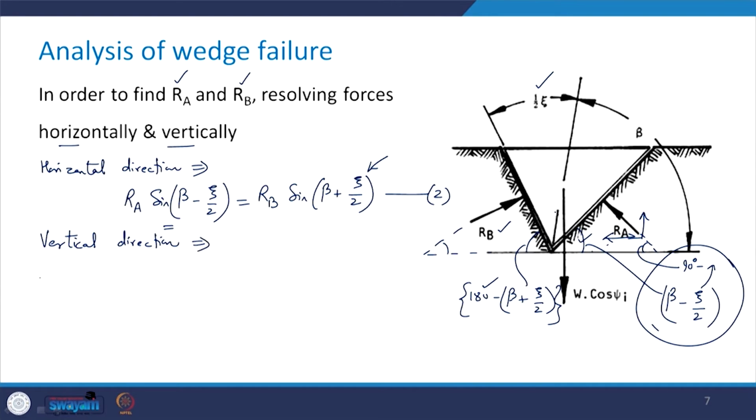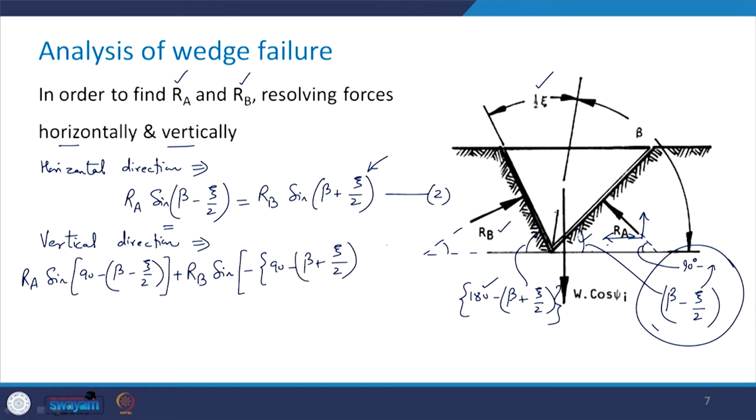Now, if we take the force equilibrium in the vertical direction, this is what we are going to get: RA sine of 90 minus beta minus zeta by 2 plus RB into sine of 90 minus beta plus zeta by 2.